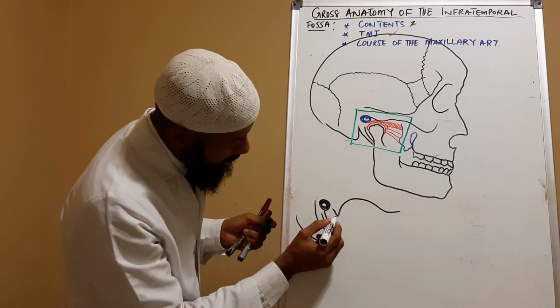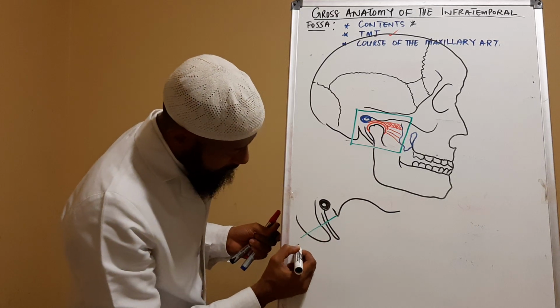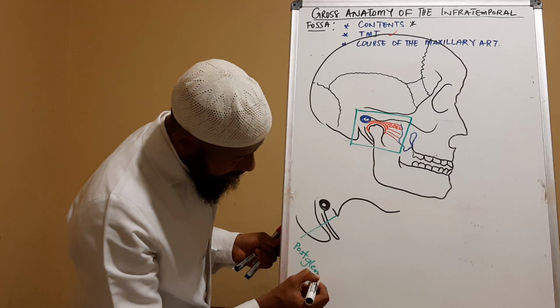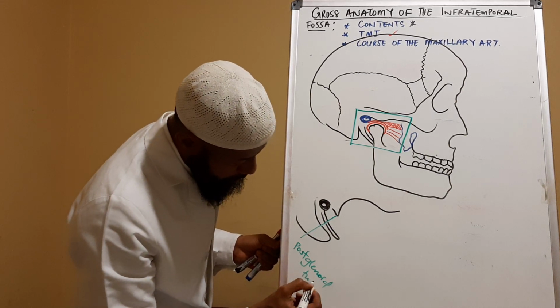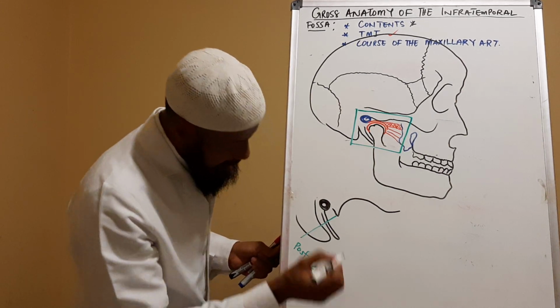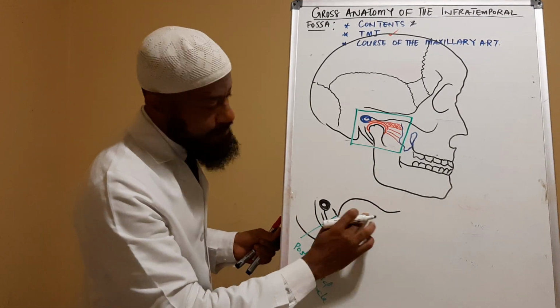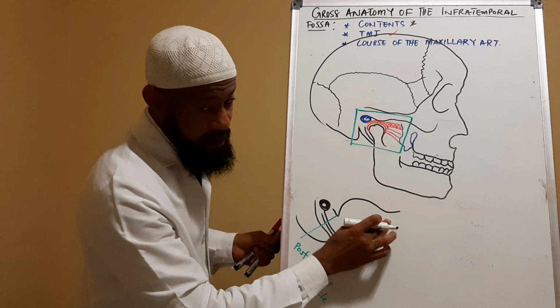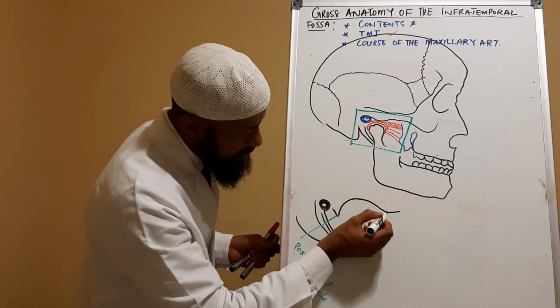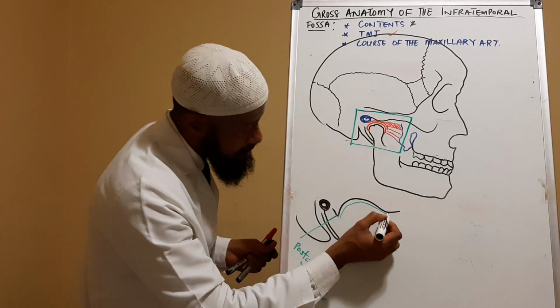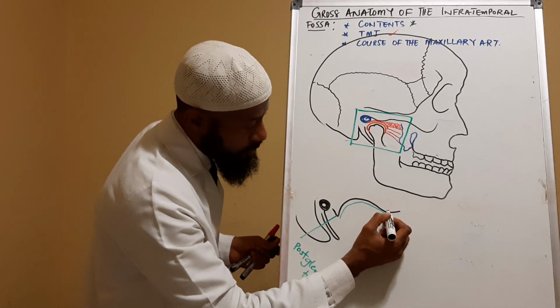Now we have here what is called the postglenoid tubercle. That's the postglenoid tubercle, and the joint is formed by the mandibular fossa and the articular tubercle.